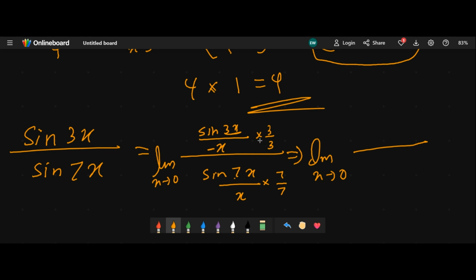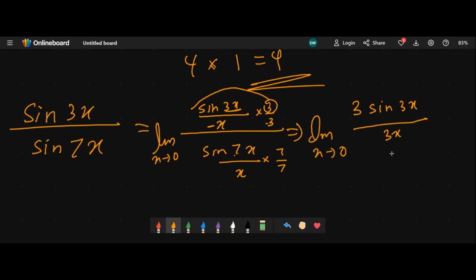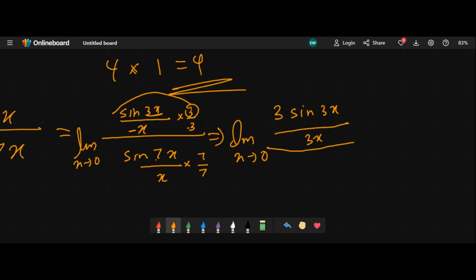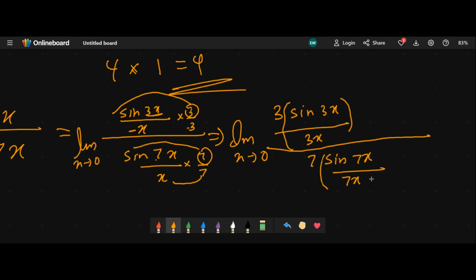So this 3 will come in front: 3 sin 3x divided by 3x, divided by 7 sin 7x divided by 7x. Right, now you can put a bracket like this.